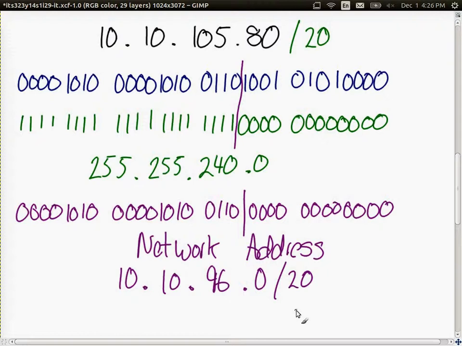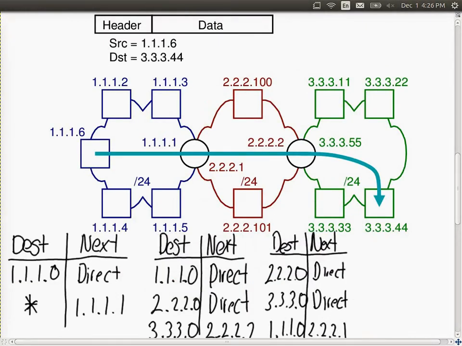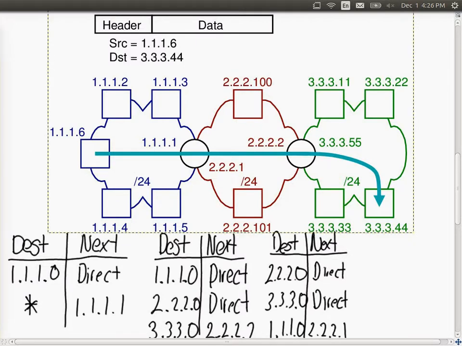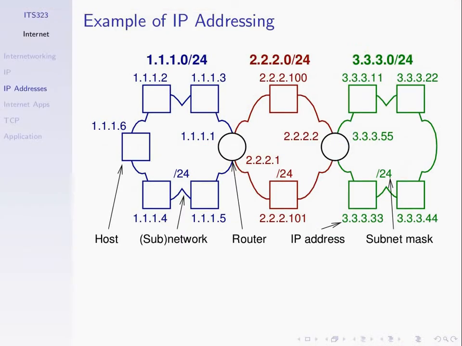Let's return to our example of the three subnets. Here it is. The example we just went through is that host 1.1.1.6 wanted to send data to 3.3.3.